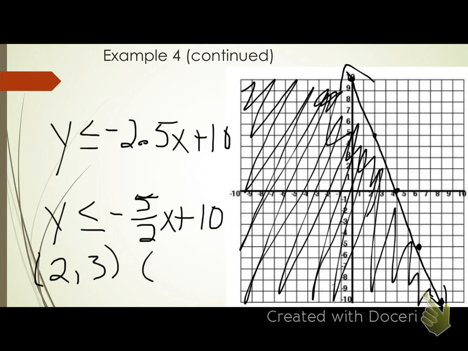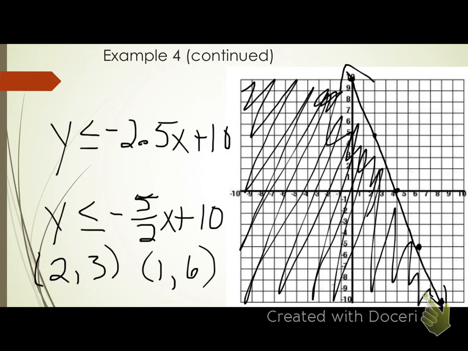Someone raise your hand and give me another solution. 1, 6. Is 1, 6 in my shaded area? Yes, it is. So I can buy 1 pound of grapes, 6 pounds of apples, and that'll be either less than $10 or equal to $10. What if I pick the ordered pair 2, 5? Good question.